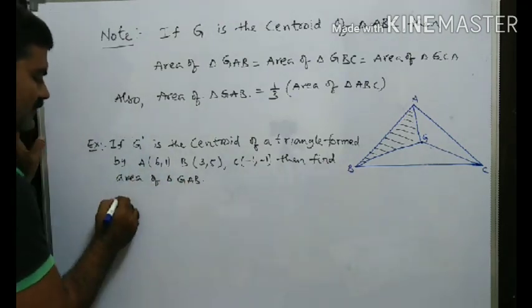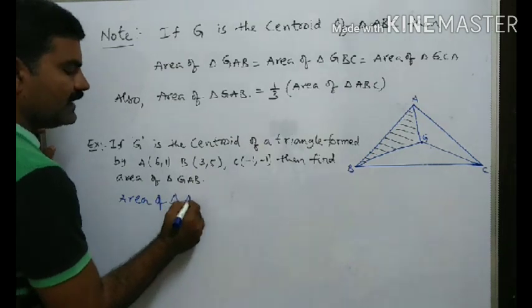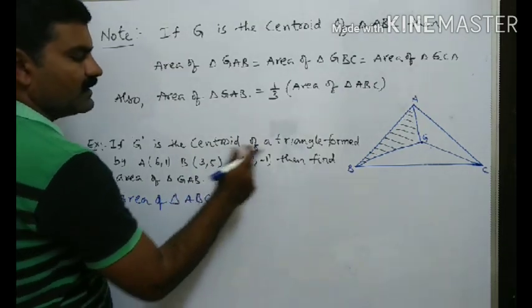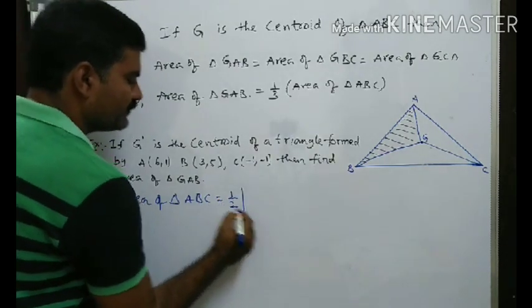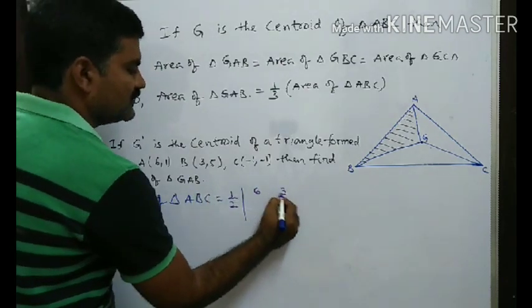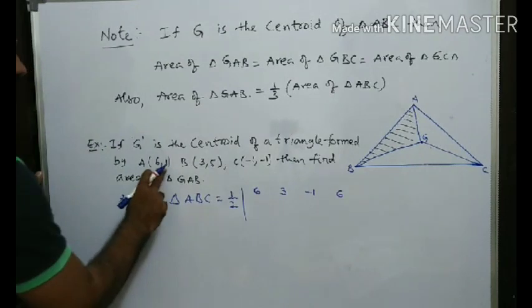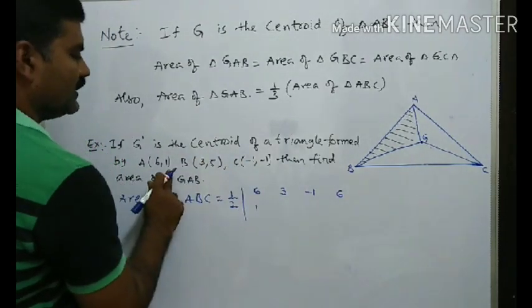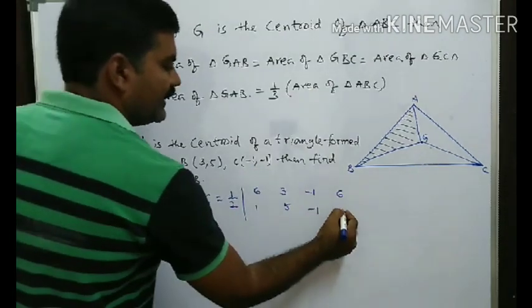So that's why first let me find the area of triangle ABC. So that is half modulus of, write down the x coordinates, 6, 3, -1 and 6. And coming to y coordinates are 1, 5, -1 and again 1.